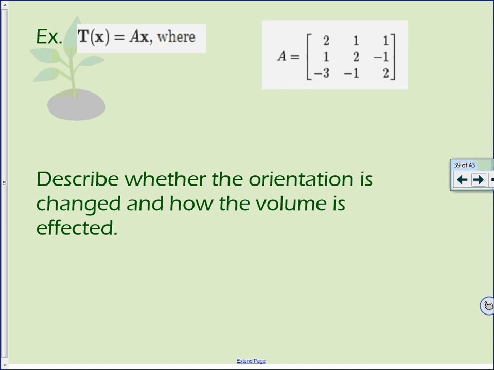Once you get the determinant, you may want to check with a classmate to see if you guys got the same thing.